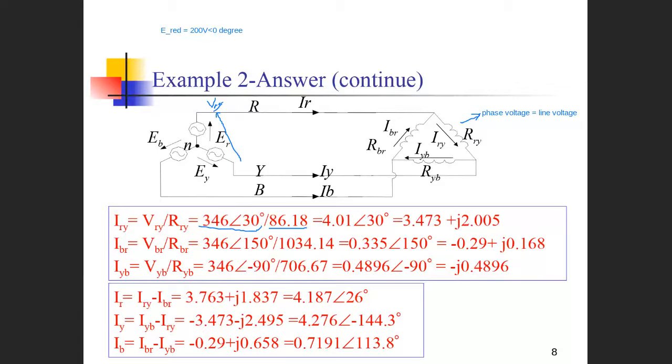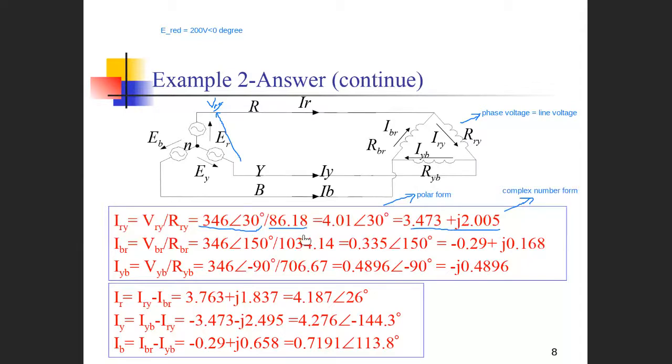We write it in polar form and rectangular form.